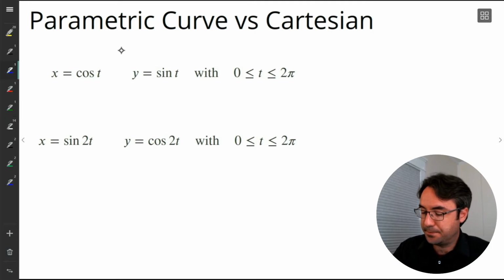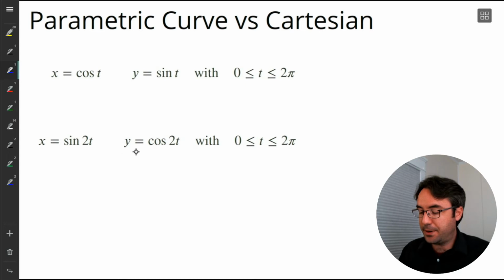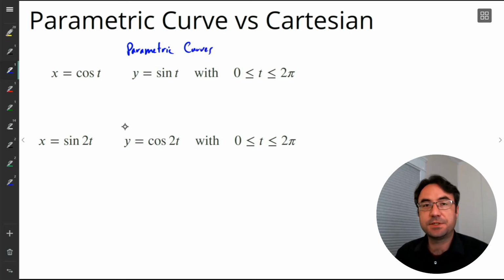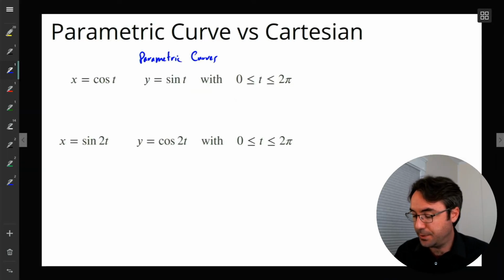So that's what we've seen in examples 2 and 3, two different parametric curves. These are very different. We've looked at these two different systems of parametric equations and talked a little bit about what the parametric curve is doing.